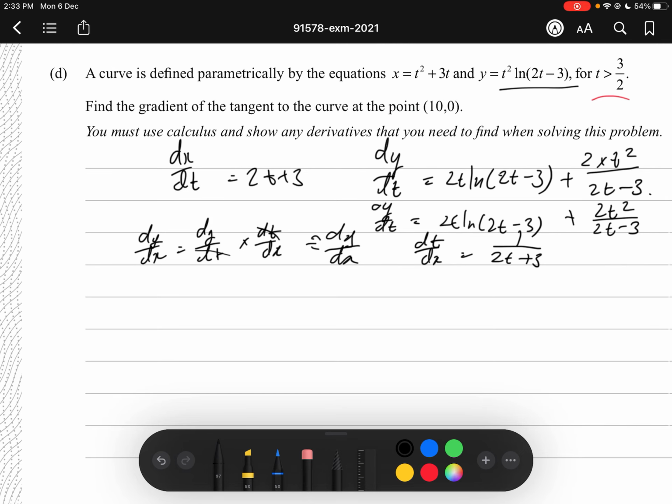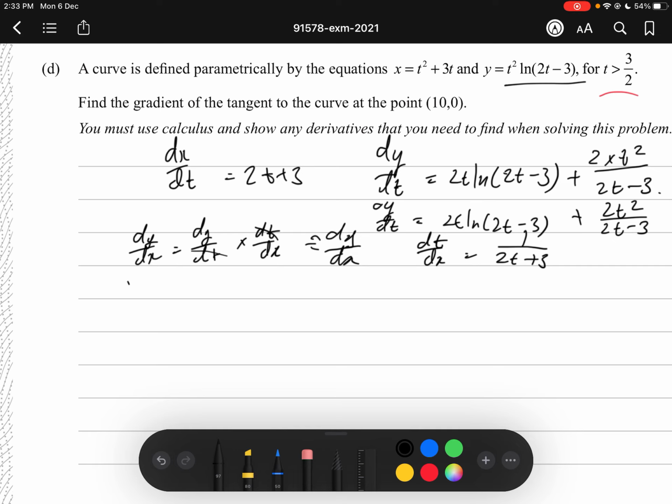All we need to do to find dy over dx is multiply dt over dx and dy over dt. So dy over dx equals 2t ln of 2t minus 3 plus 2t squared over 2t minus 3, all over 2t plus 3.